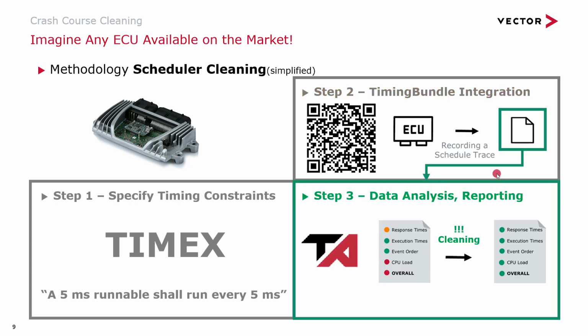In step three, you can run a data analysis on it with the Timing Architects tool suite and generate a report, proving whether your Timex constraint, a 5 millisecond runnable runs every 5 milliseconds, is fulfilled or not. And if you see any check conditions in the red state, you start your cleaning procedure until your report is green and your overall criteria is matched.